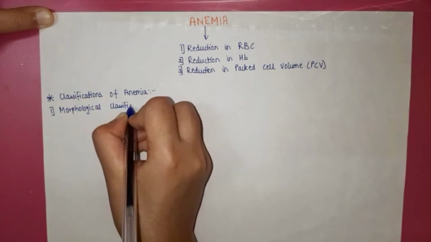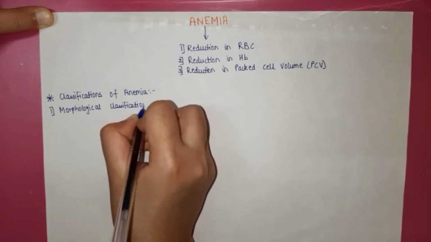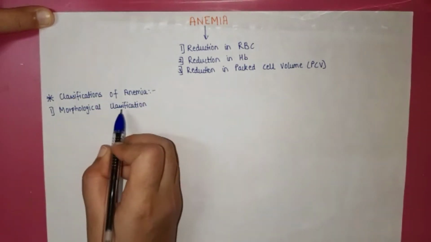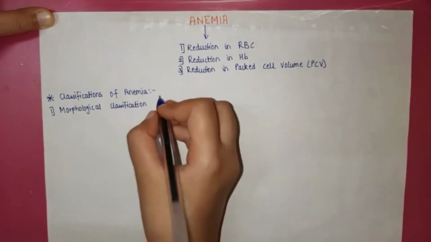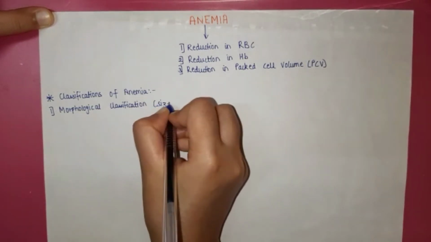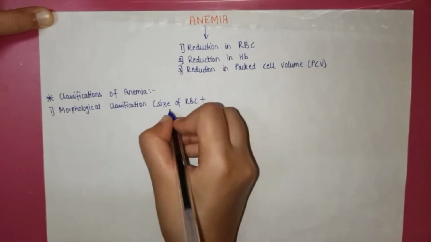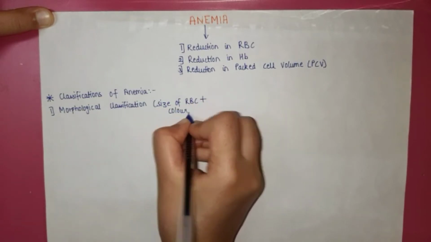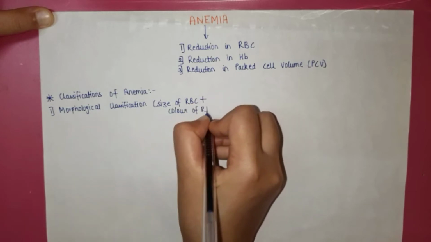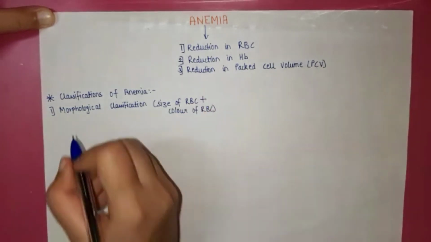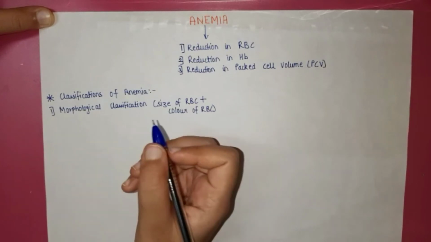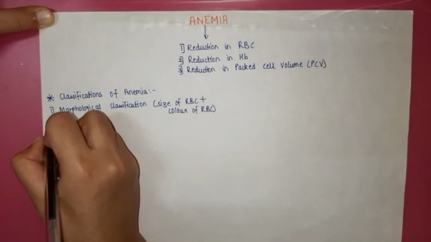Morphology means the outer appearance. So, morphological classification is based on the size of RBC plus the color of RBC. Now, the normal color of RBC is red. So, morphological classification has further three types.